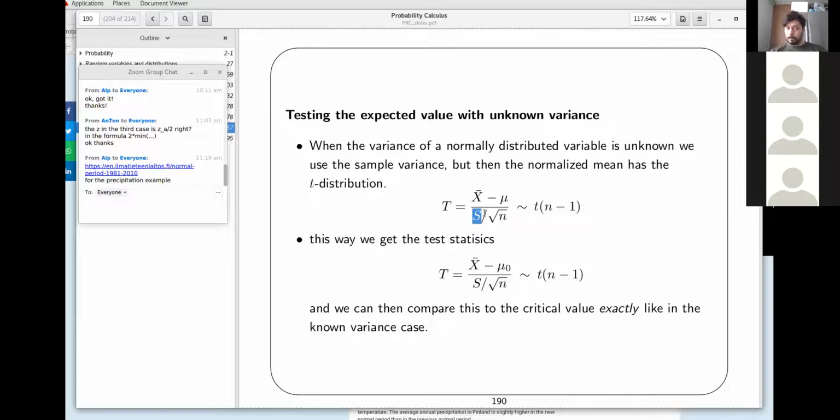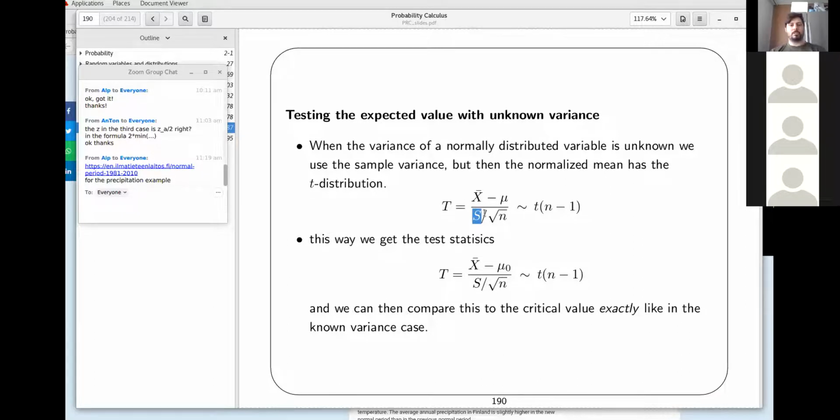So the sample deviation here, in place of the actual known deviation, gives us a t distributed variable. And it depends on n, of course. The larger the n, the more closely this resembles the N(0,1) distribution. And with smaller n, it's a radically flatter distribution.